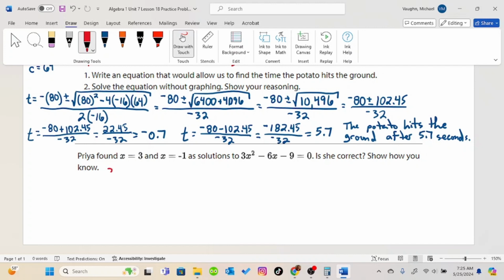So I should be able to put 3 times 3 squared minus 6 times 3 minus 9 and get 0. 3 squared is 9.